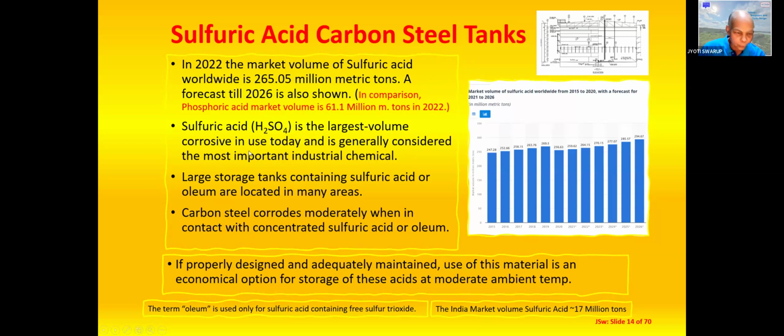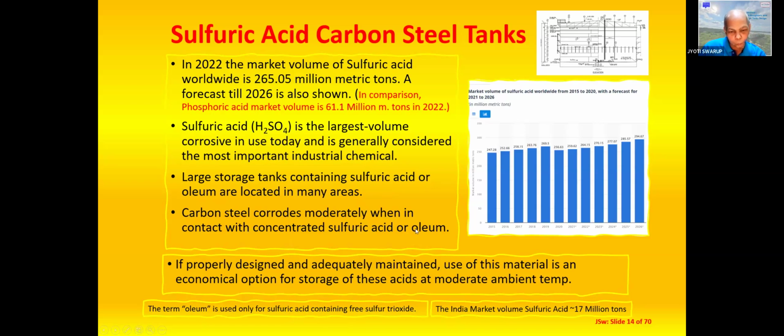Sulphuric acid is the largest volume corrosive in use today and is generally considered the most important industrial chemical. Large storage tanks containing sulphuric acid and oleum are located in many areas. Oleum is defined as a liquid wherein sulphuric acid also contains free sulfur dioxide.